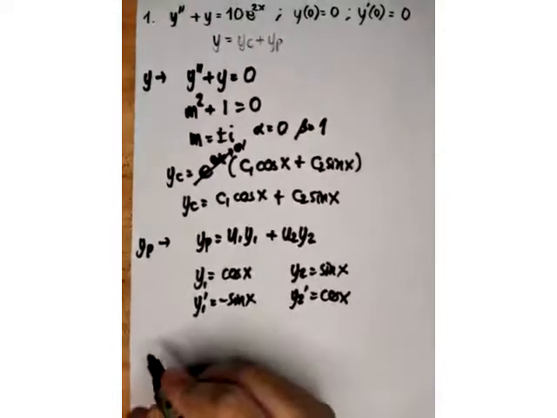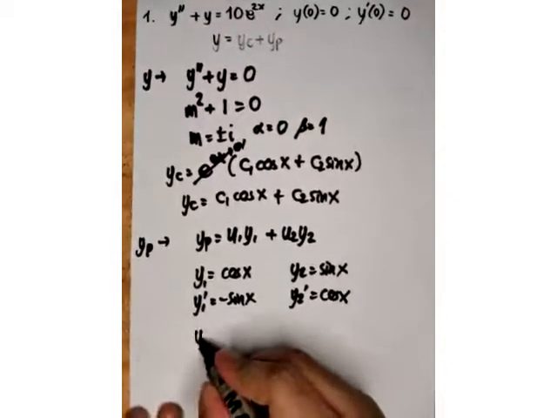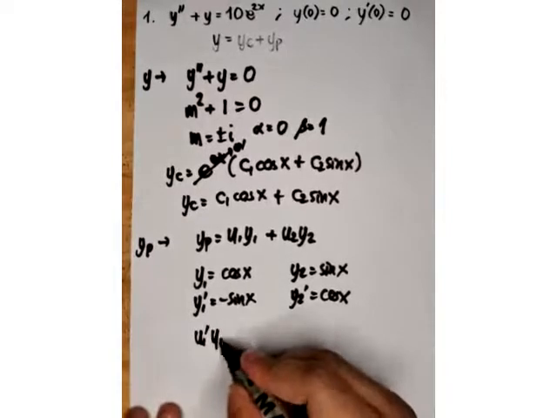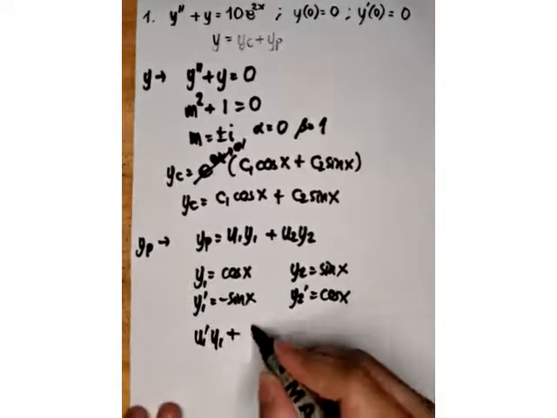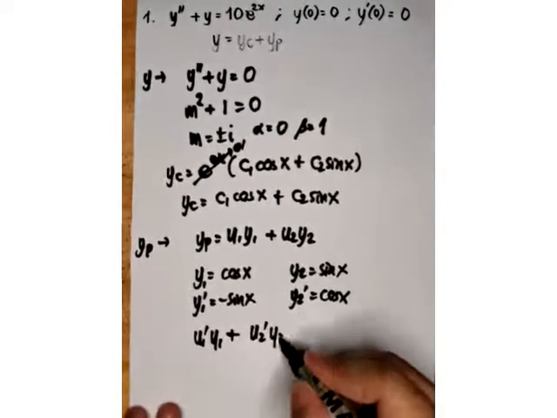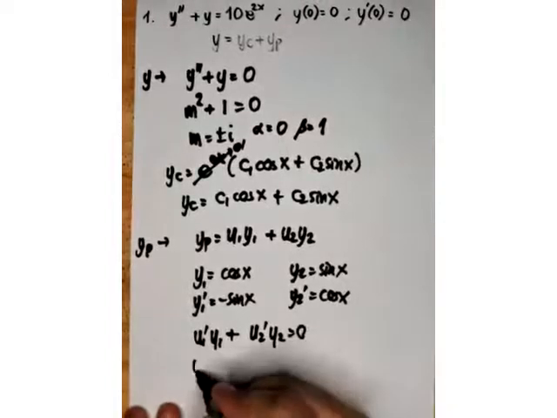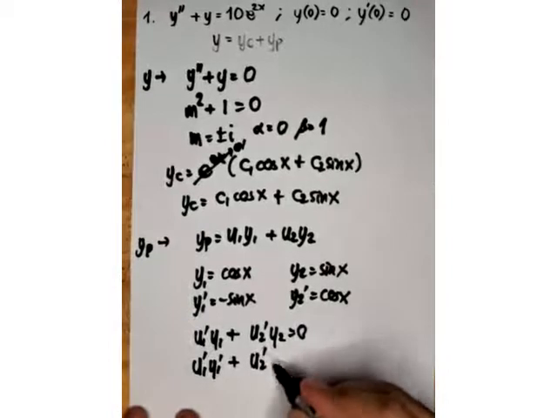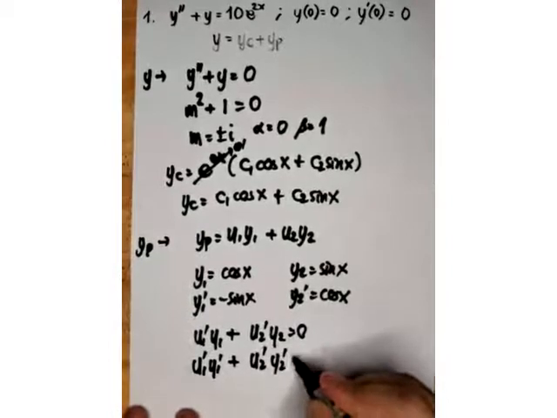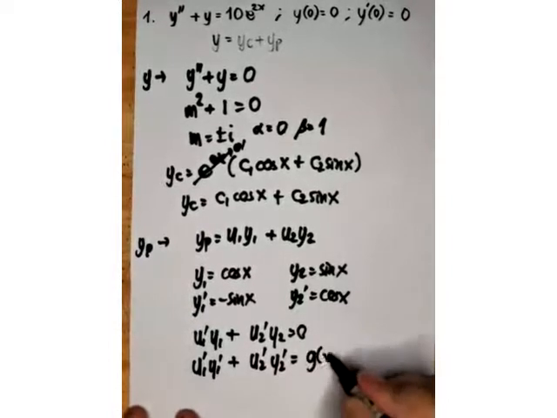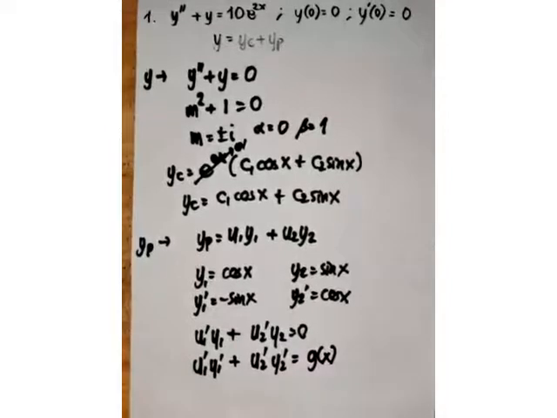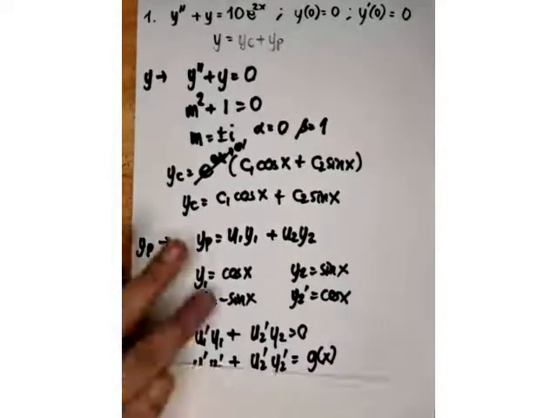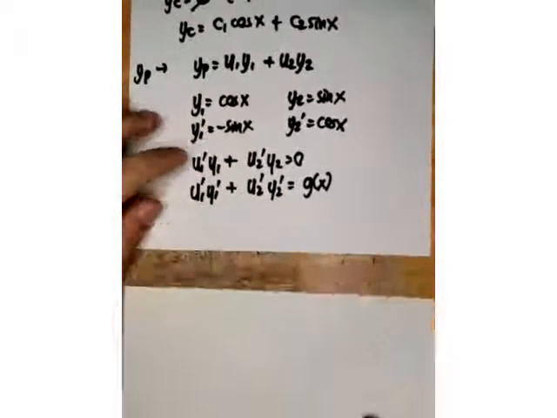So for our system of equations, it should be u1 prime y1 plus u2 prime y2 is equal to 0, and then u1 prime y1 prime plus u2 prime y2 prime is equal to g of x.